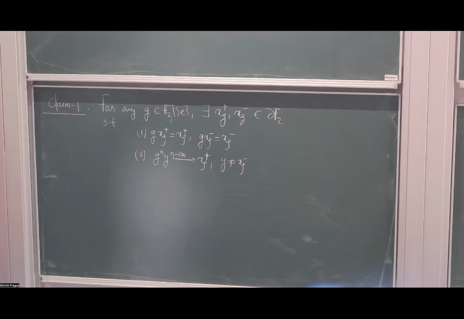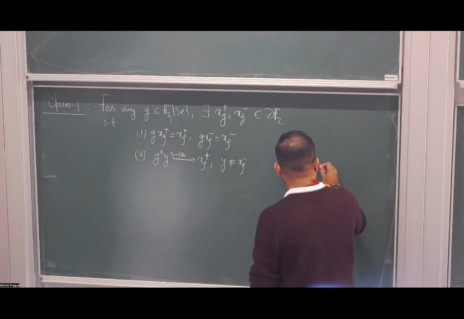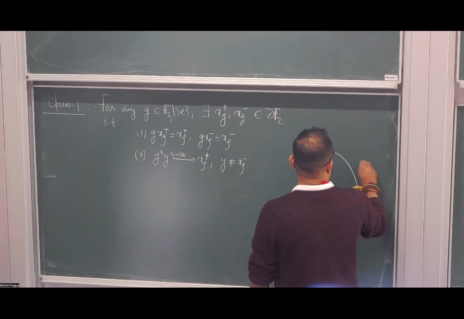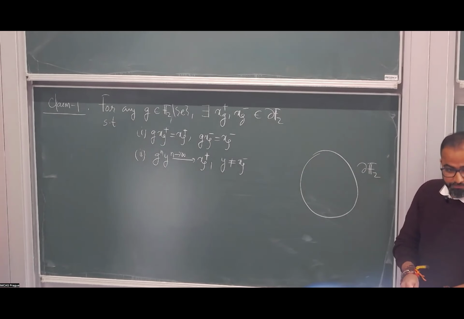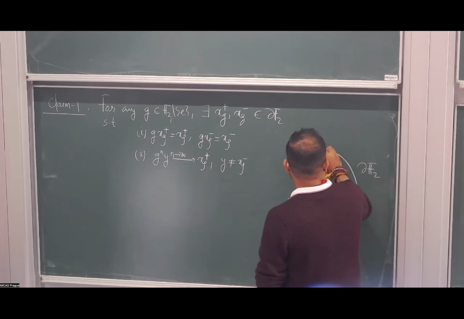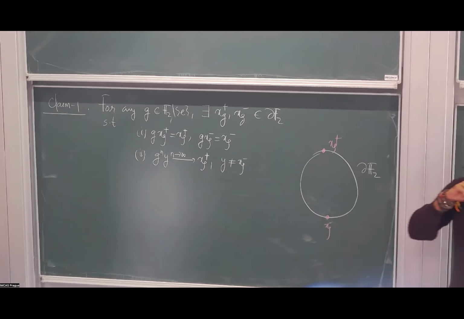Pictorially, the picture that Aaron drew is actually very good for us. This is the Gromov boundary that I defined. And for g, there is a pole here, x_g plus, and a pole here, x_g minus. I'm not doing anything to these points, these are fixed.